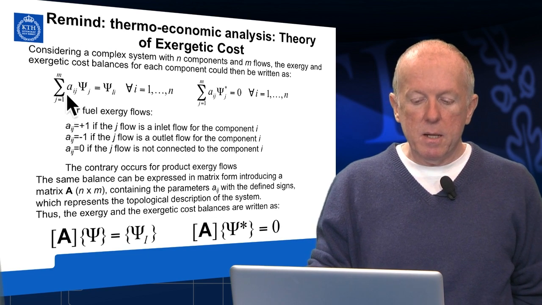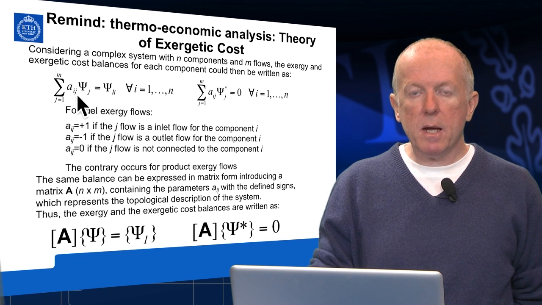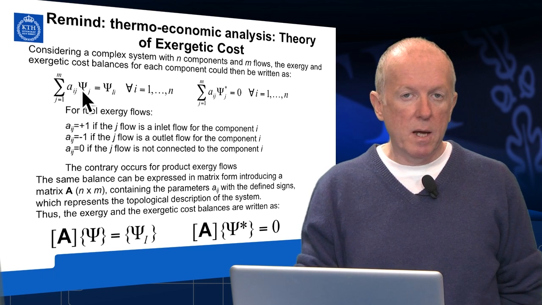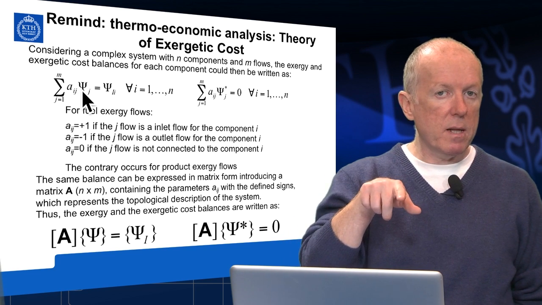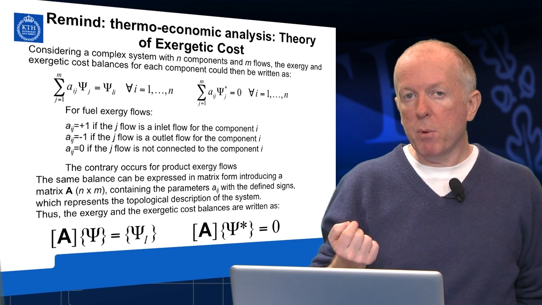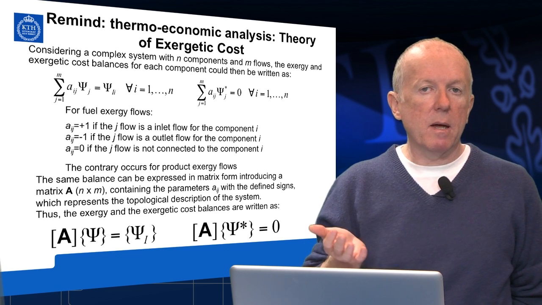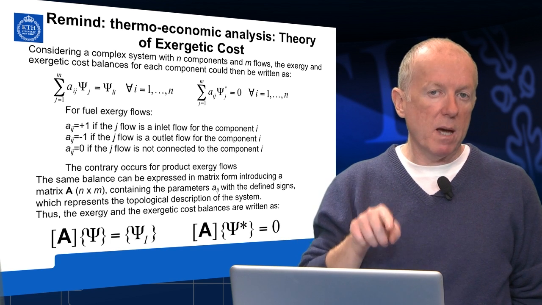because the Aij index is simply an index that expresses if the exergy flow is an inlet in the component, an outlet in the component, or simply this exergy flow doesn't belong to the component that we are studying.